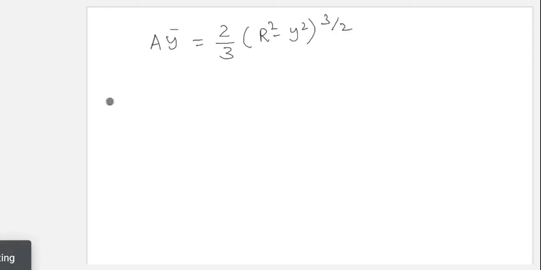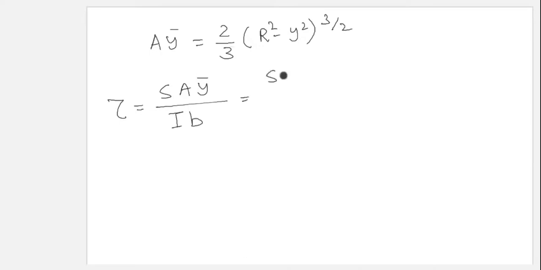Now what is our shear stress distribution? The formula is S A y bar by I B. So we are replacing here S, 2 by 3 r square minus y square whole to the power 3 by 2, by I B.